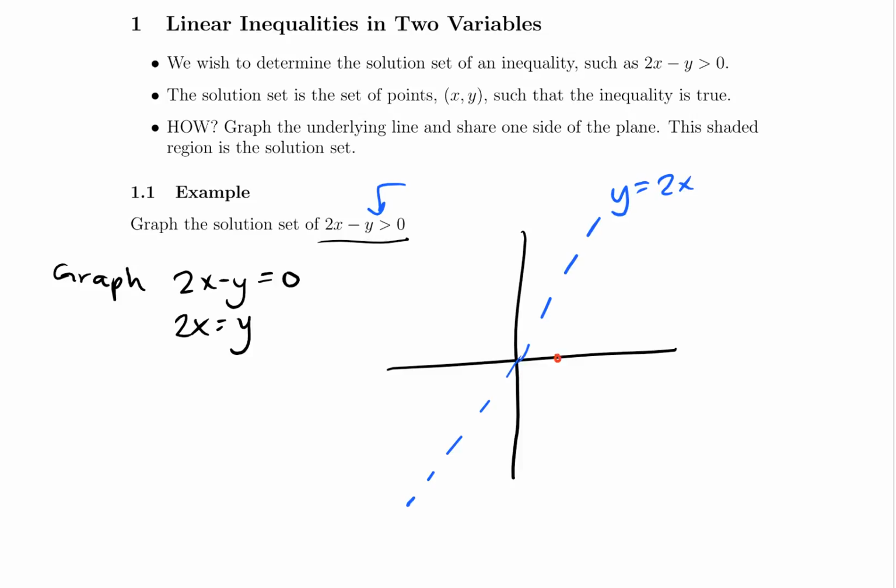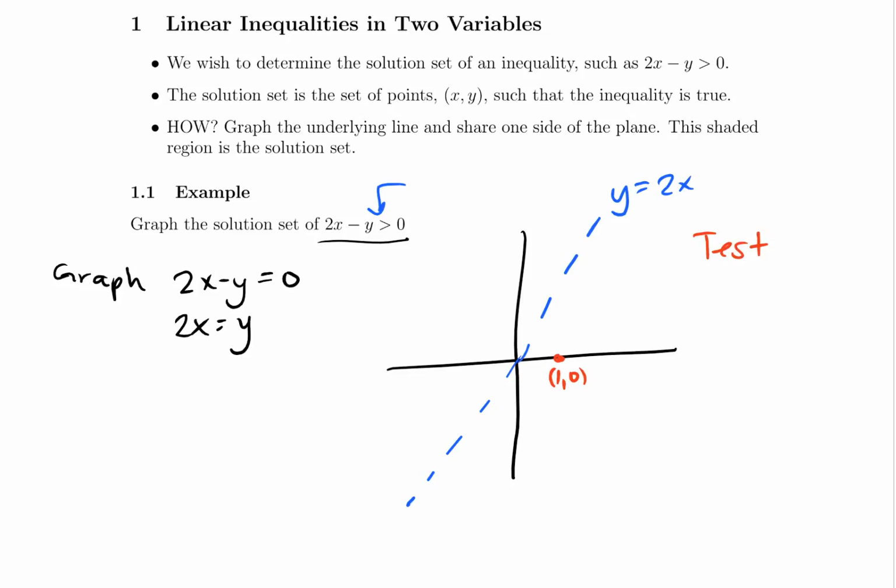So I'm going to pick the point (1, 0): x value 1, y value 0. I'm just picking that because it's an easy one to locate. I know for sure it's not on my dotted line, and what we're going to do is test it in the original inequality.